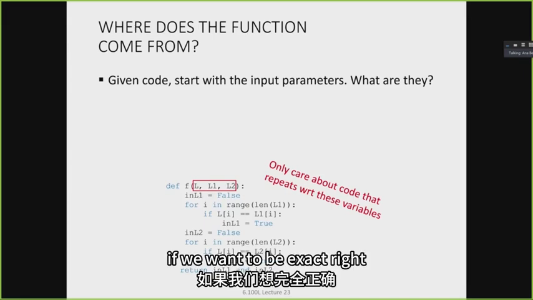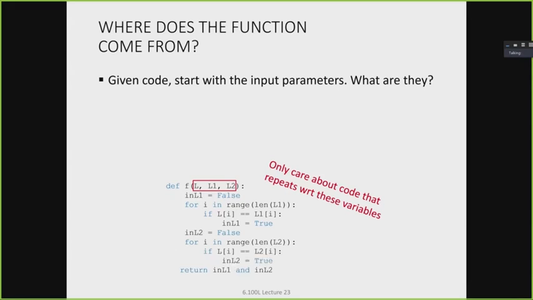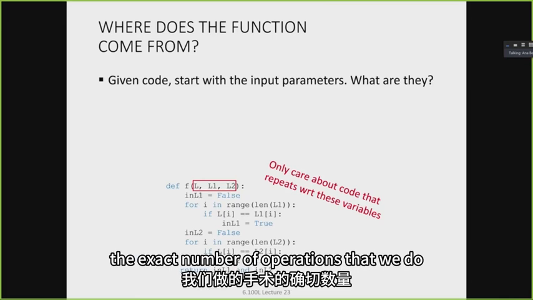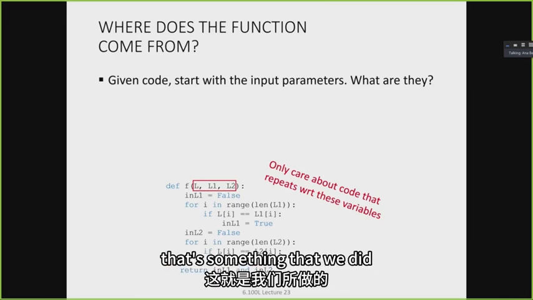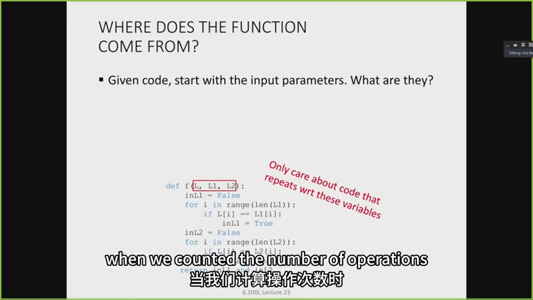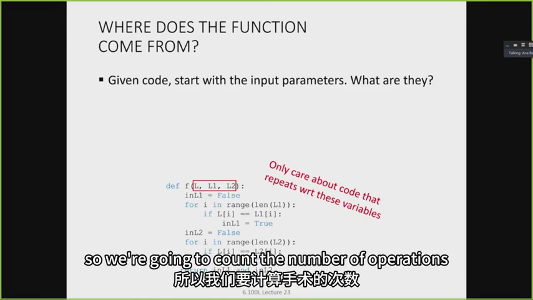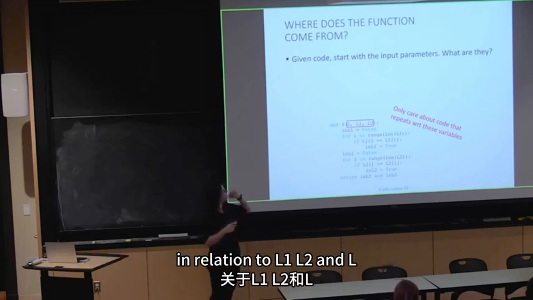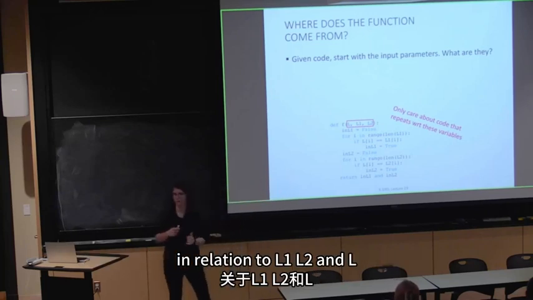If we want to be exact, we start by finding the exact number of operations that we do within this code, something we did when we counted the number of operations. So we count the number of operations in relation to L1, L2, and L.